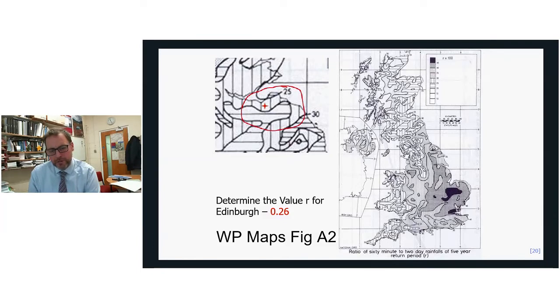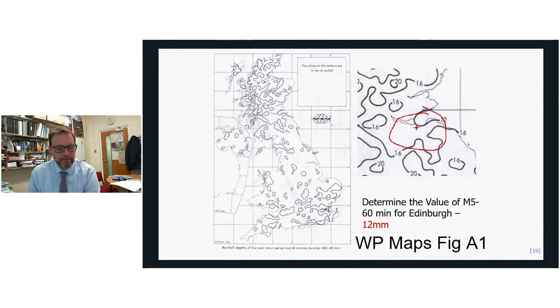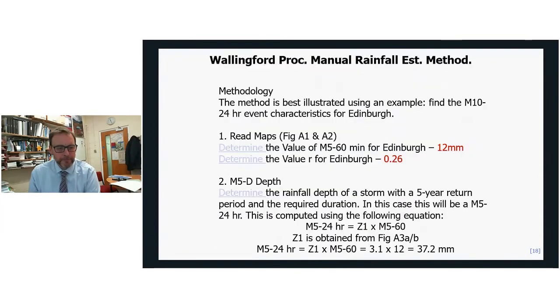You can see down in the southeast it's much darker, and that's because they get much more intense events. So now we've just done this step. We've calculated the M5 60 and the R value for our point in Edinburgh.